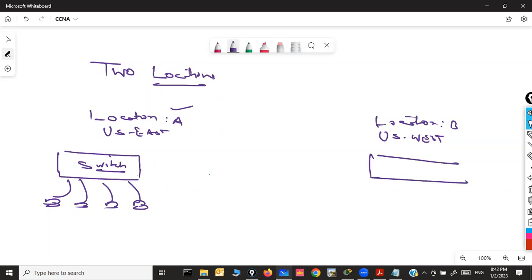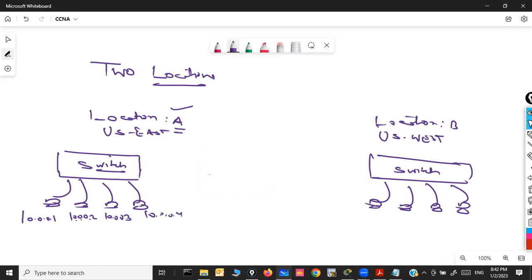And in location B, again a very large enterprise network, maybe 100, 200, or 500 host devices, all connected to a switch. At location A, the IP addresses assigned are 10.0.0.1, 10.0.0.2, 10.0.0.3, private IP addresses, and 10.0.0.4. At location B, the IP addresses assigned are 172.16.0.1, 172.16.0.2, 172.16.0.3, and 0.4.